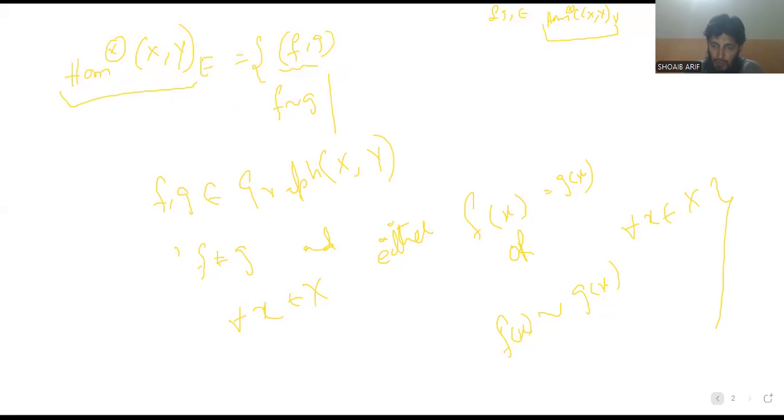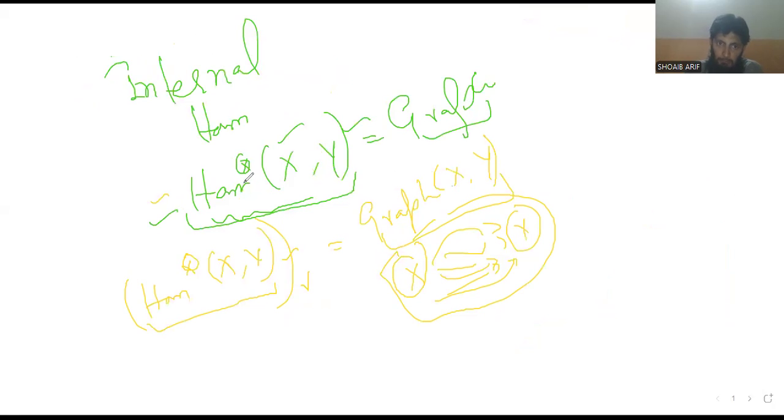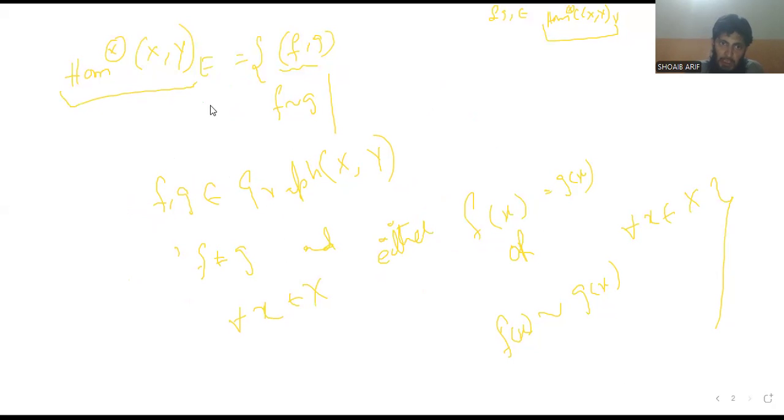Again, in this lecture I defined the internal Hom tensor (x, y). This is a graph, and the vertex set consists of all the graph homomorphisms from x to y. How can we have an edge from one vertex to another?